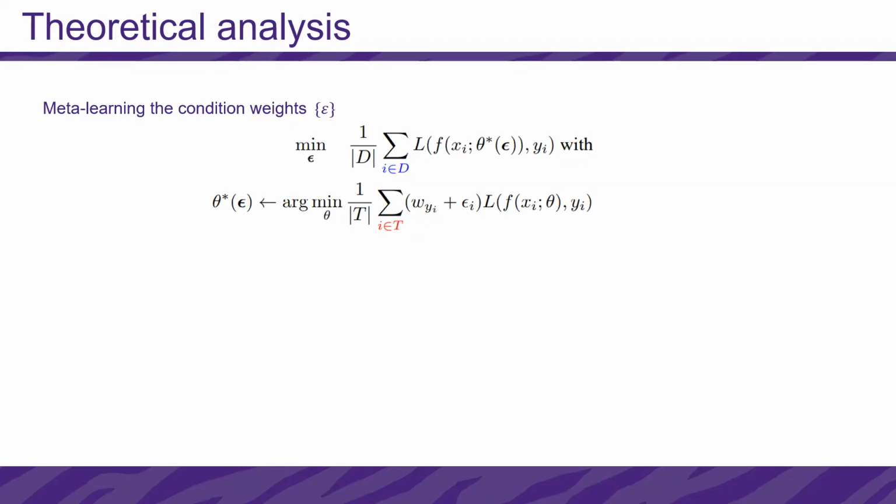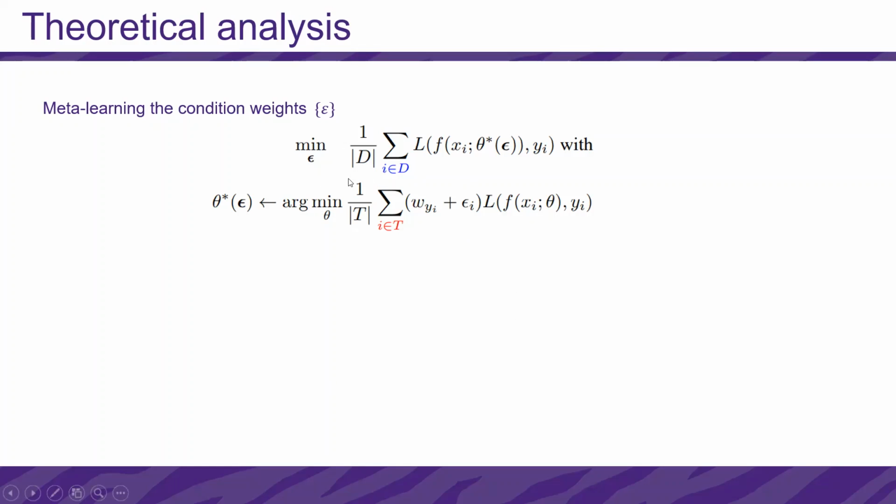Okay, next, we're gonna talk about the epsilon. In this paper, the epsilon is a conditional weight. They use a program called meta learning to learn these weights. Let's take the epsilon by solving the following problems.